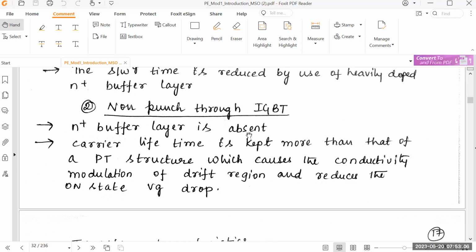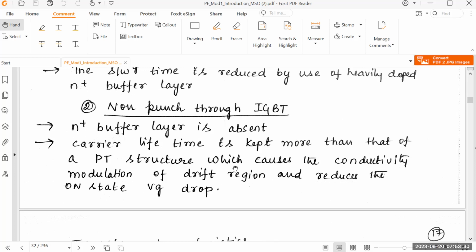The N plus buffer layer is absent, and the carrier lifetime is kept more than that of a PT structure. Here the carrier lifetime will be more. Carrier lifetime means we are talking about the charge carriers. The conductivity will be more compared to the previous one, the punch through structure. PT means punch through structure.